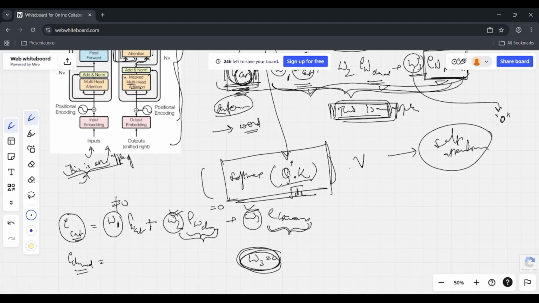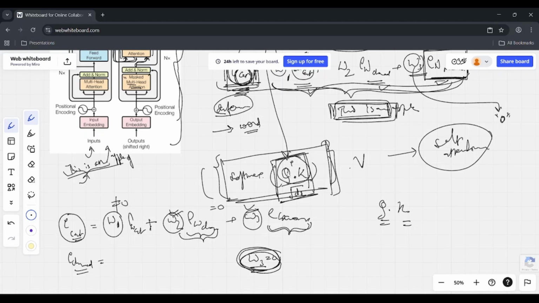So how do we make it 0? We have this part, right? We can do something about it, because this is giving us the weights. We are getting this, right? The dot product of the query vector and key vector. And how can we do it?